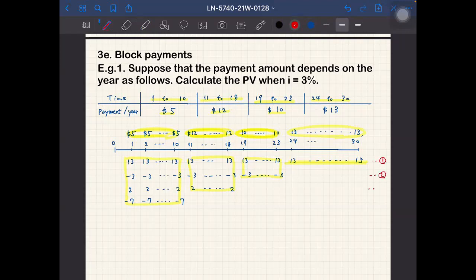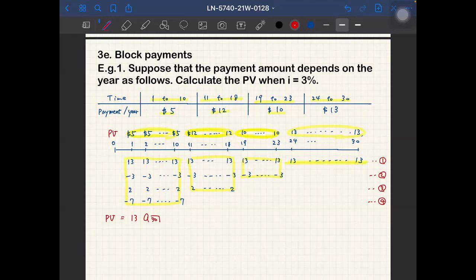The first one is $13 for 30 years, so the present value is 13 times a angle 30 at i equal to 3%.